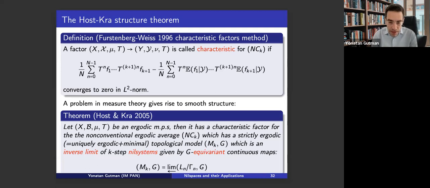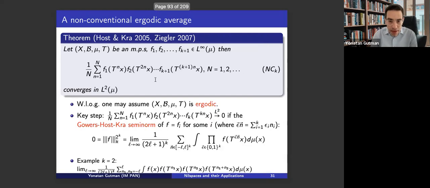So this is quite remarkable. We start with a question in measurable dynamics, right? We have some function in L infinity of some measure, and we ask if this converges in L2.